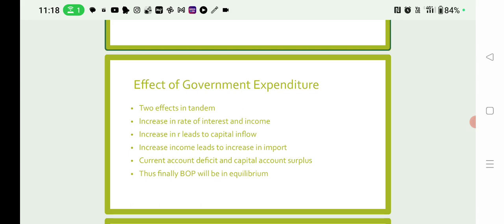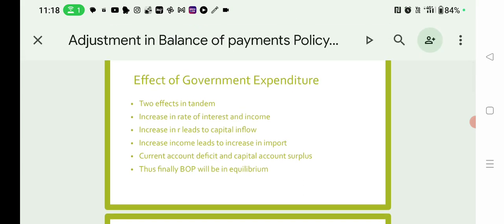The increase in the rate of interest leads to capital inflow. More investment will come into the economy, attracted by the higher rate of interest. So that's one impact. The second one is due to the increase in income in the economy: imports will also be increased.